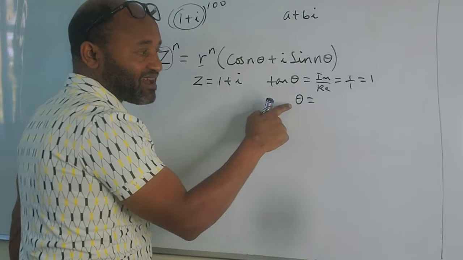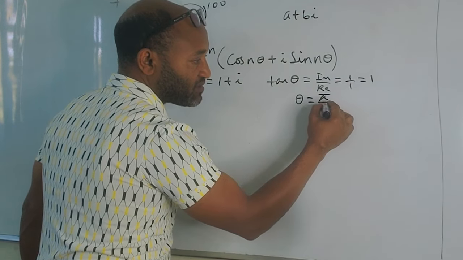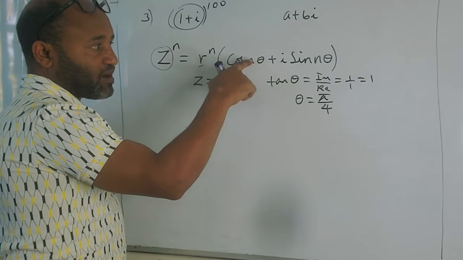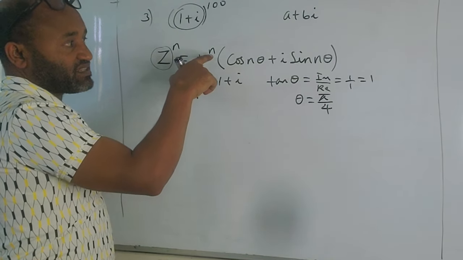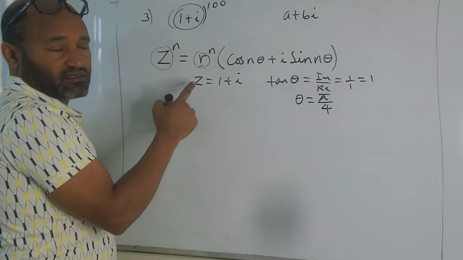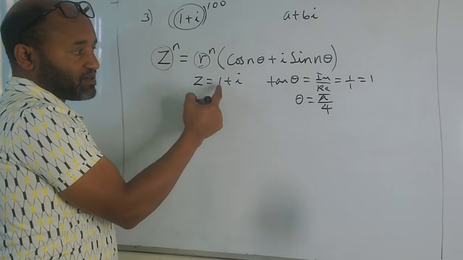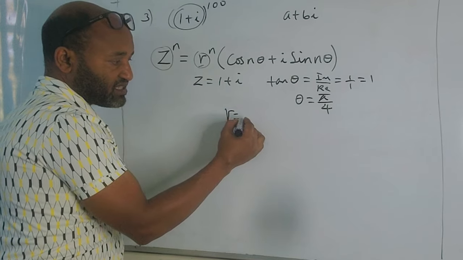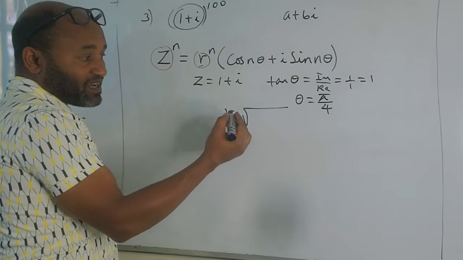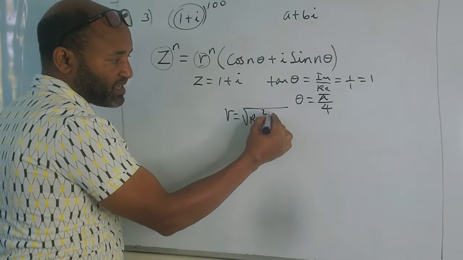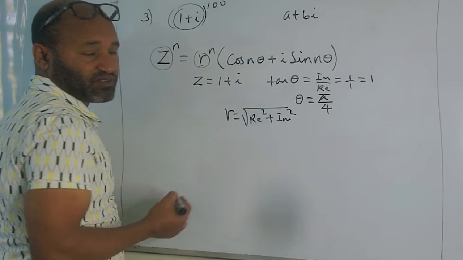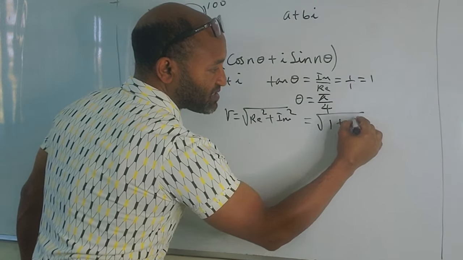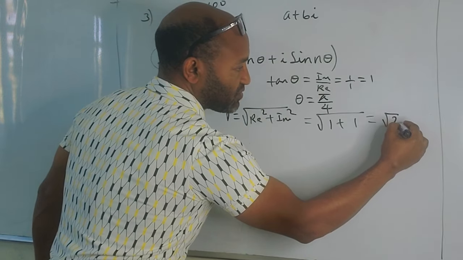So theta is pi over 4. We have n equal to 100. What's r for the complex number? r is the square root of the real part squared plus the imaginary part squared. Therefore, this is the square root of 1 plus 1, that is the square root of 2.